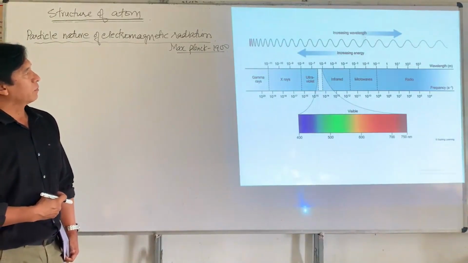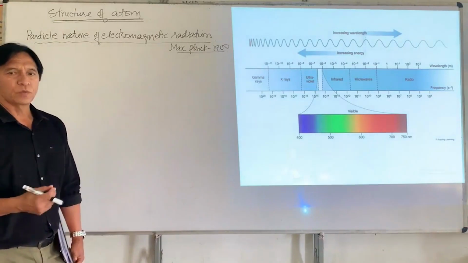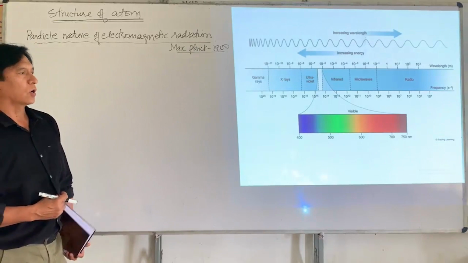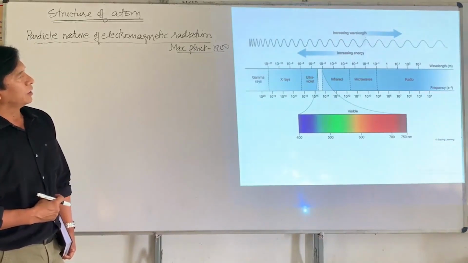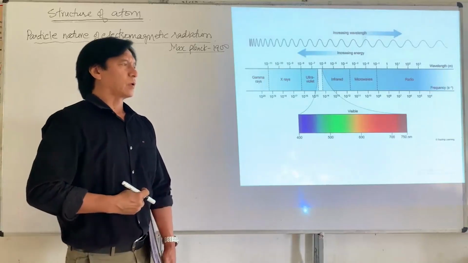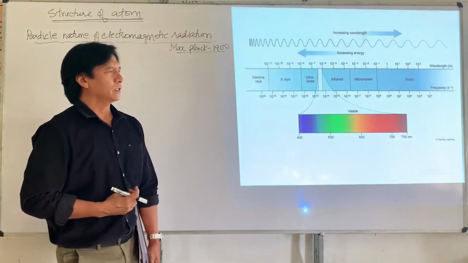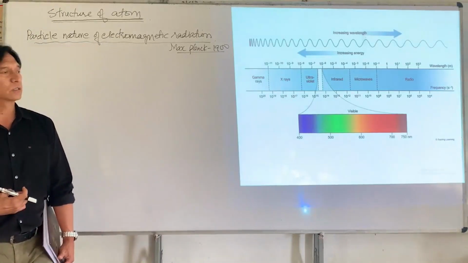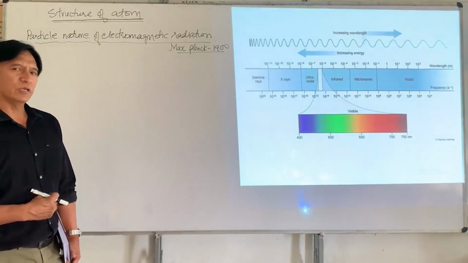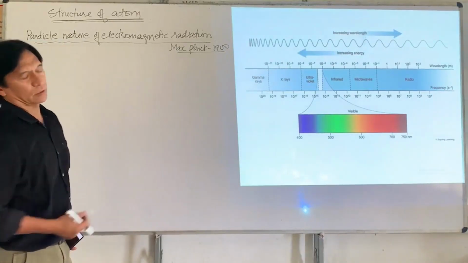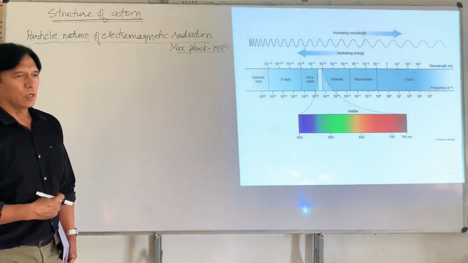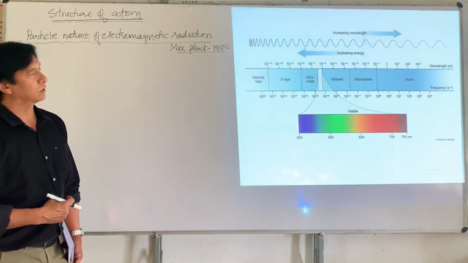So it was Max Planck who gave a very concrete explanation regarding the particle nature of black body radiation and photoelectric effect, because the electromagnetic wave theory could not explain these, that is black body radiation and photoelectric effect.